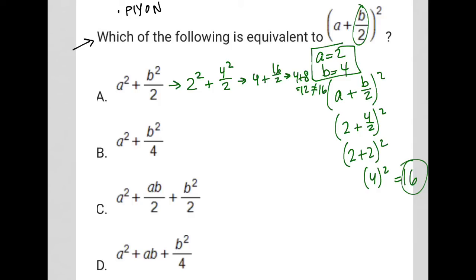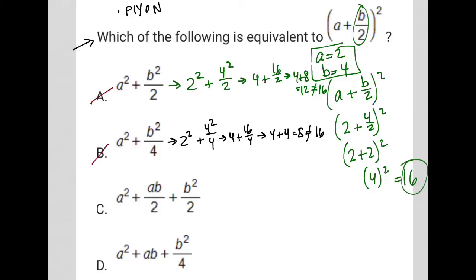So that's why choice A is gone. For choice B, this would become 2 squared plus 4 squared over 4, which is 4 plus 16 over 4, which is 4 plus 4, which is 8. So again, not 16, so that's why choice B is gone.